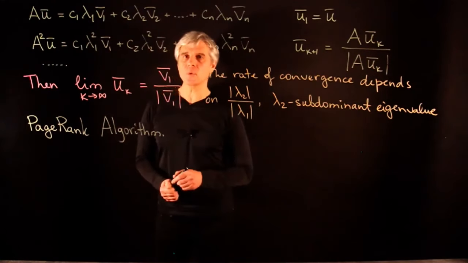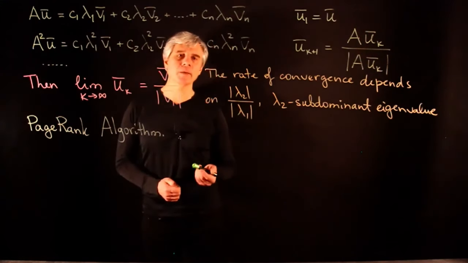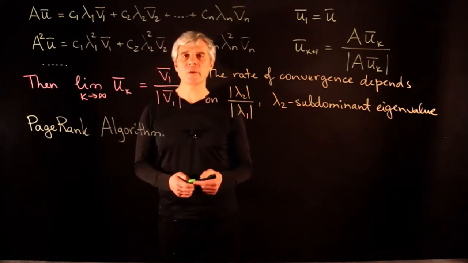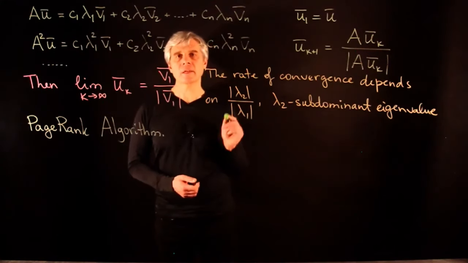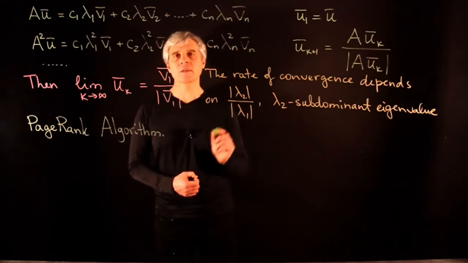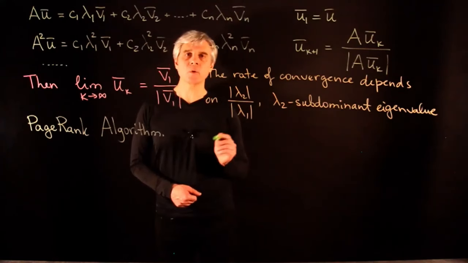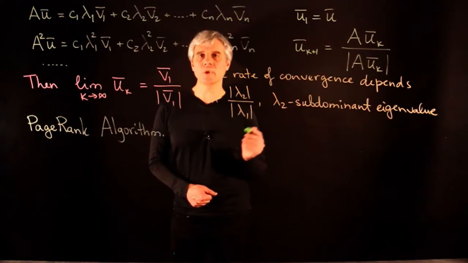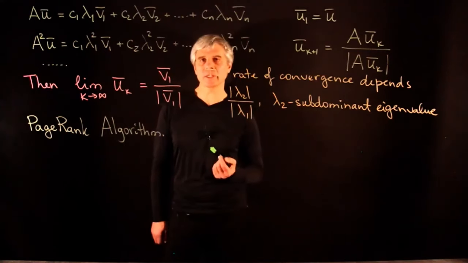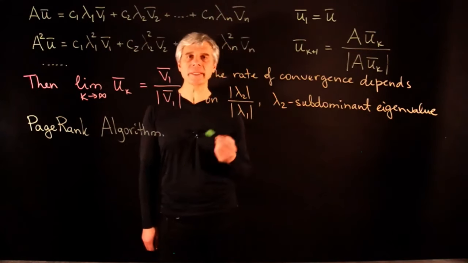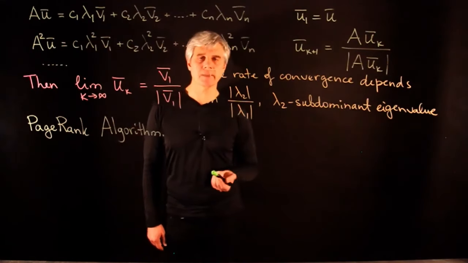The creators of Google, Sergey Brin and Larry Page, came up with the following model. Imagine a web surfer who starts at a random website and then randomly clicks on links, moving from one website to another website, selecting on each page a new link to click on at random. Once in a while, the surfer gets bored and, instead of clicking on a link on a page, will jump to a random different website.